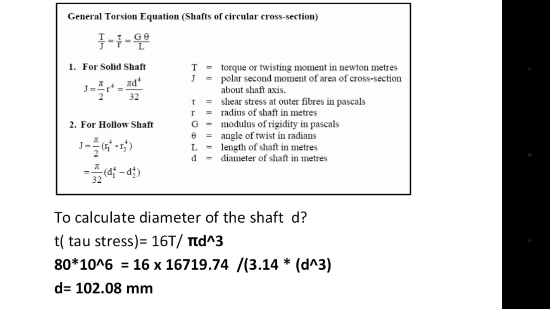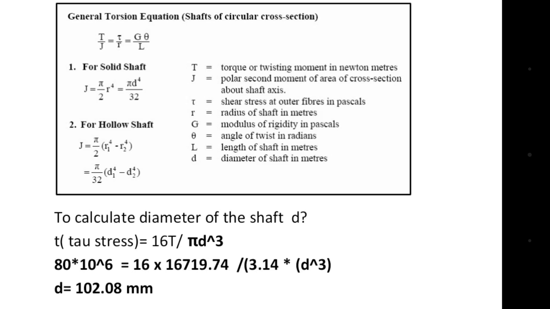So 80 into 10 to the power 6 is equal to 16 T, where for T we substitute the previously calculated torque, 16719.74 Newton meters, divided by pi d cubed, with pi's value 3.14 multiplied by d cubed. By using a scientific calculator, we can easily calculate the value of d, which is 102.08 mm.